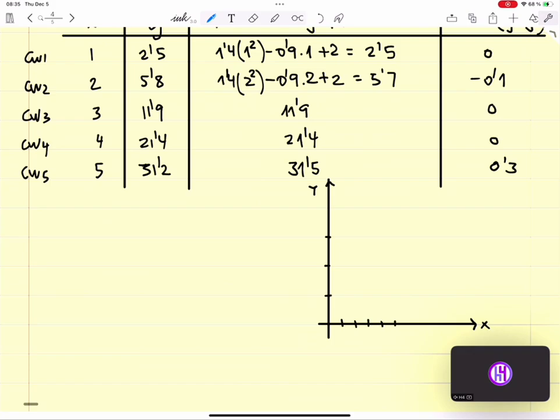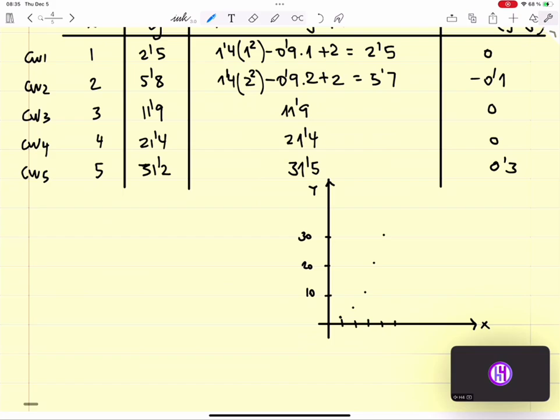The first point is somewhere here. The second point is somewhere here. The third point is somewhere here. The fourth point is somewhere here, and the fifth point is somewhere here.